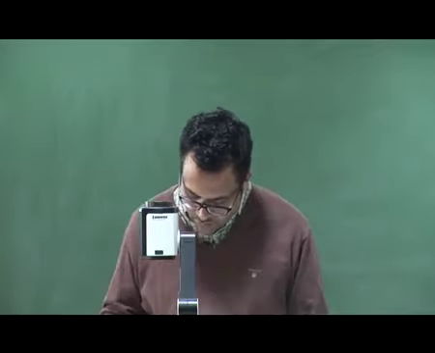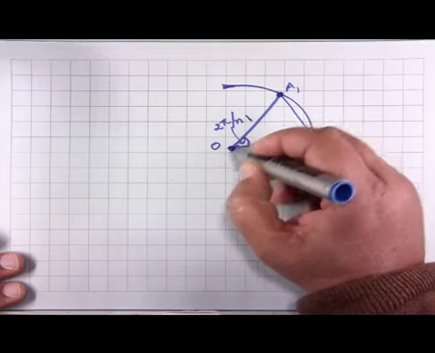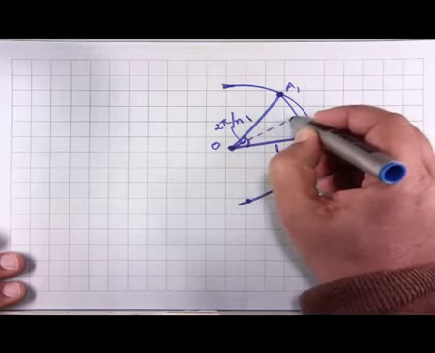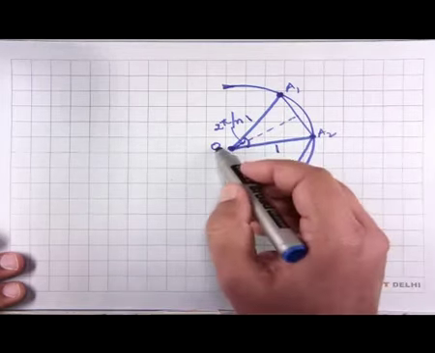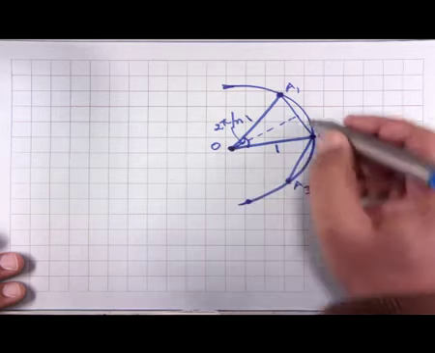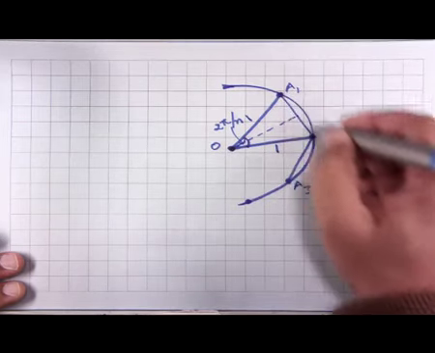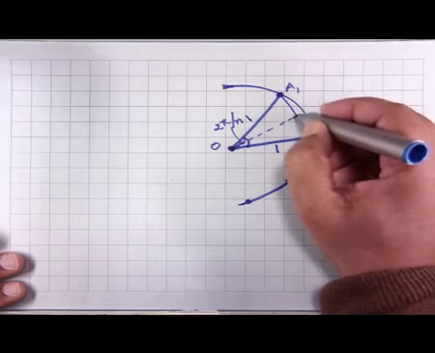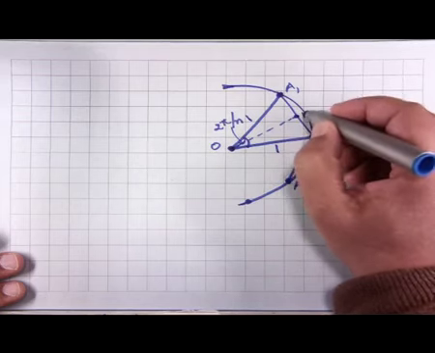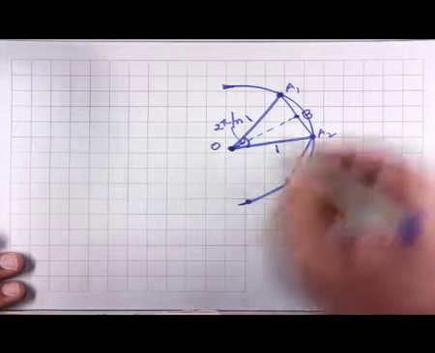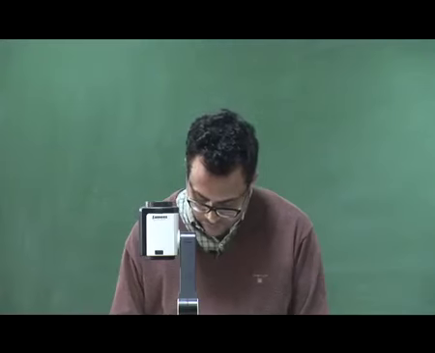So, we will take that approach. So, if I drop a perpendicular from the center of the circle O to this edge A1 A2 of the polygon, let this point be B. So, this is a perpendicular.